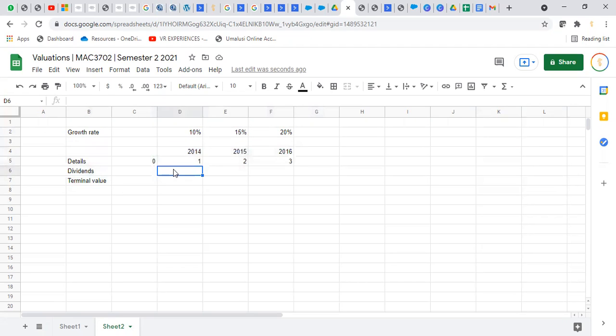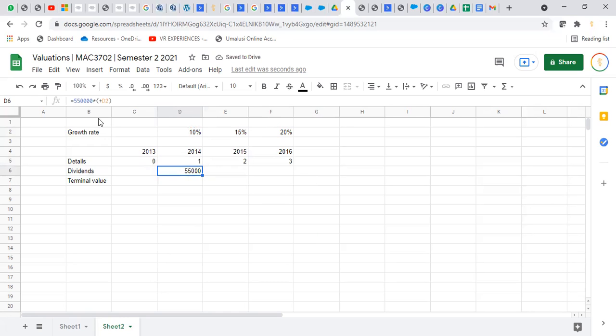So the most recent dividends was 2013. We don't put anything in year 0 because we only focus on the future. Year 0 now is in the past. So the most recent dividends, in 2013, was 550. So I'm going to say 550, then years 1, 2, 3, but I'm going to increase it by the growth rate, which is 10%.